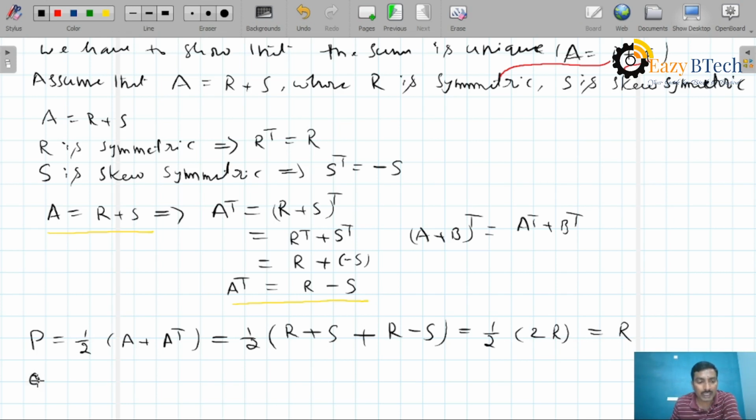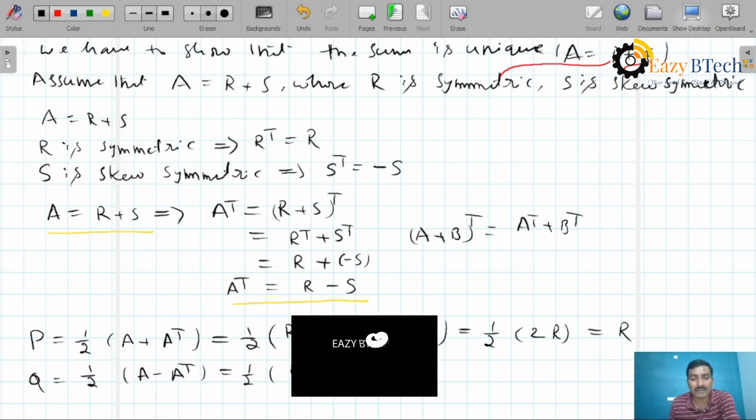Similarly, Q. What is Q? Q equals 1 by 2 into A minus A transpose, already we proved. That equals 1 by 2 into A, which is R plus S, minus A transpose, which is R minus S. Here the bracket is very essential, because in front there is a minus.